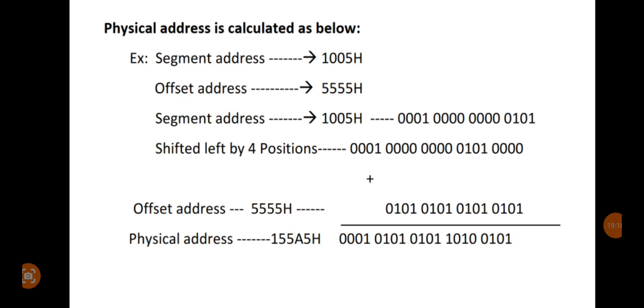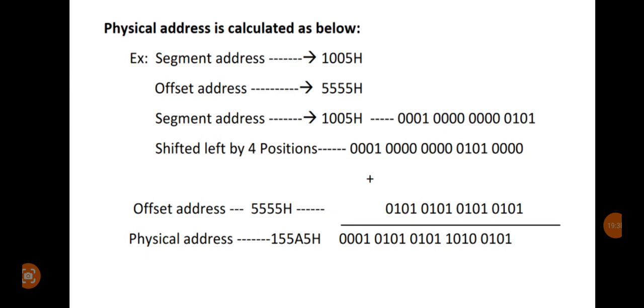We will see the complete example. Here the segment address is only 4 digits, that is 1005. The offset address is some other location in the particular segment, that is 45H.